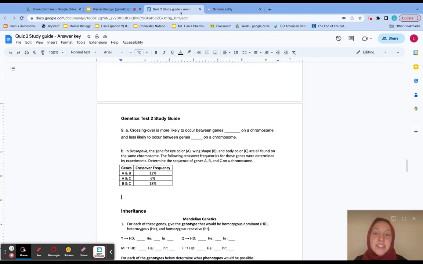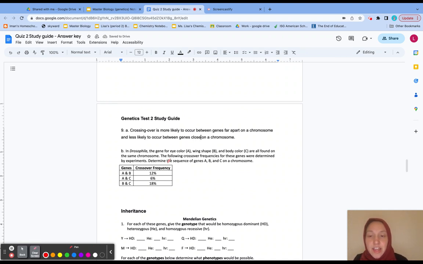Okay, so now let's take a look at this question here. I know we didn't do it in class, but you guys can do it. Crossing over is more likely to occur between genes far apart on a chromosome and less likely to occur between genes close on a chromosome.